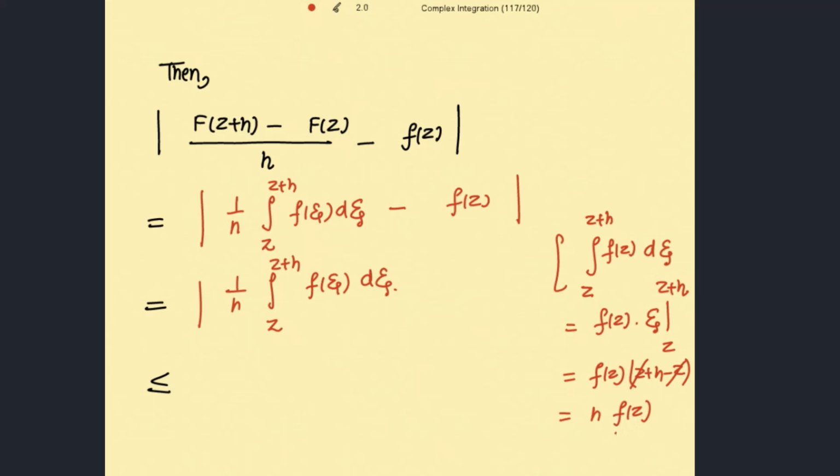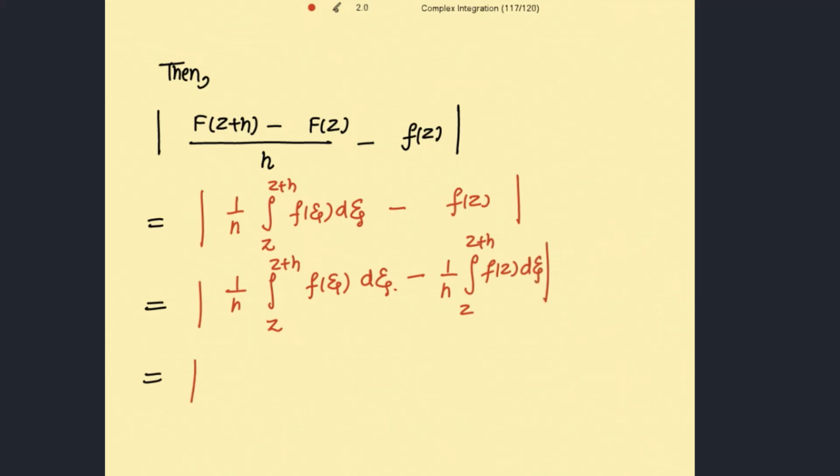So can I write f(z) as this integral divided by h? Writing this as 1 over h times the integral from z to z plus h of f(z) dψ. Is it clear?